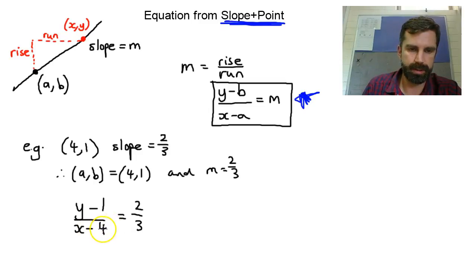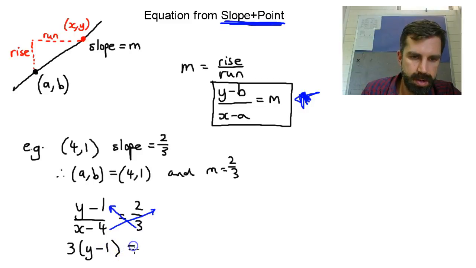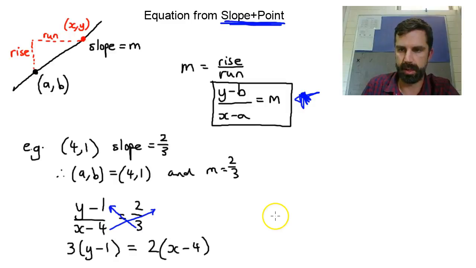To bring the x take 4 up to the other side, we're going to multiply it by both sides. And to get this 3 up, because we don't want to deal with fractions, we're going to multiply that up to this side. So that is the equivalent of saying 3 in brackets y take 1 equals 2 in brackets x take 4. So I've just brought those bottom lines up to the opposite side.